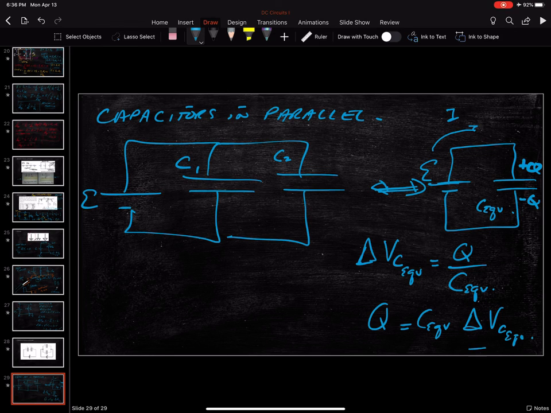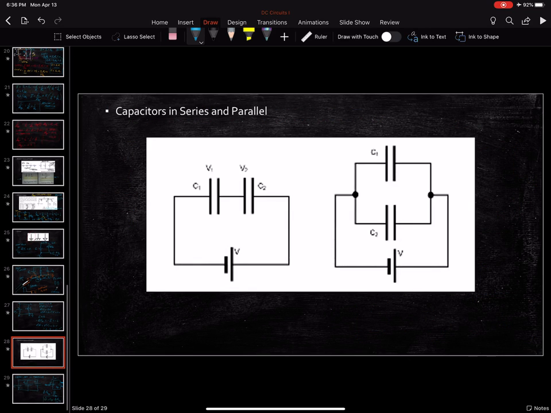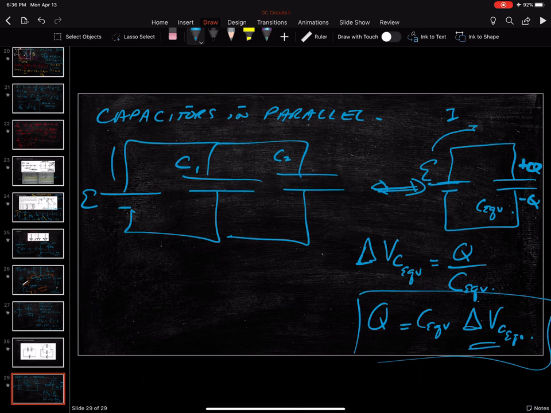Now, remember, this is not IR. You don't have resistors here. This is something different. So this is the charge on that spot. Now I've got to figure it out in terms of the two capacitors. Here's the idea. This battery is pushing out the same current, and so it's pushing out the same amount of charge. But because the current separates, the charge is also going to separate. The charge that you put on the capacitors is going to get split up.